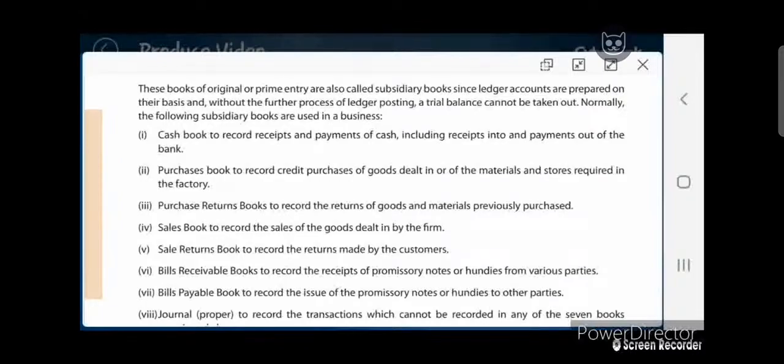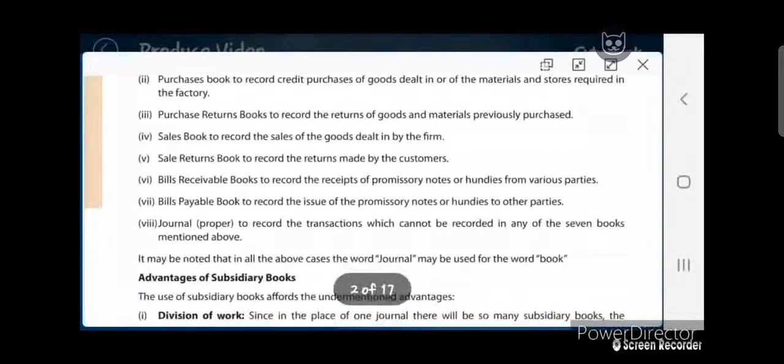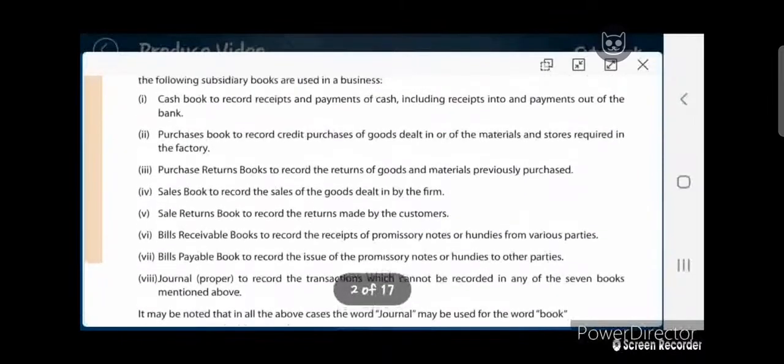Normally there are some rules for making subsidiary books. First is the cash book, to record receipts and payments of cash, including receipts into and payments out of the bank. All the payments that have gone out of the bank you should also write in this cash book.